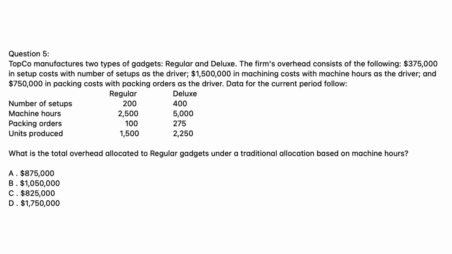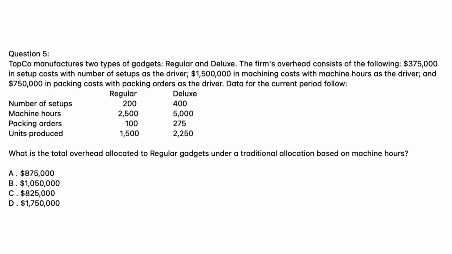Question 5. Topco manufactures 2 types of gadgets, regular and deluxe. The firm's overhead consists of the following: $375,000 in setup costs with number of setups as the driver, $1,500,000 in machining costs with machine hours as the driver, and $750,000 in packing costs with packing orders as the driver. Data for the current period follow. Regular, deluxe. Number of setups 200, 400.